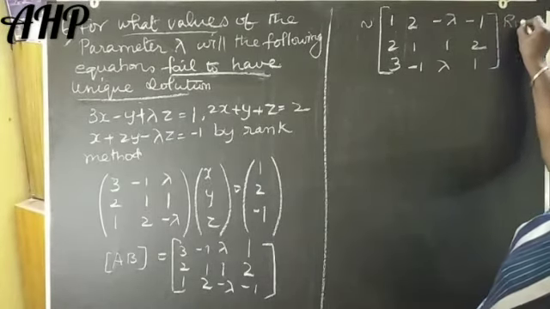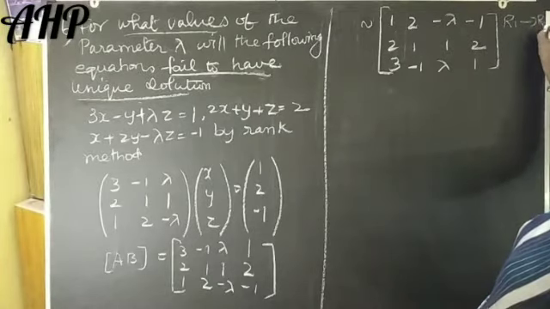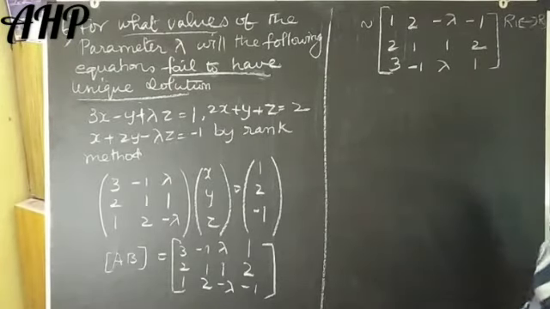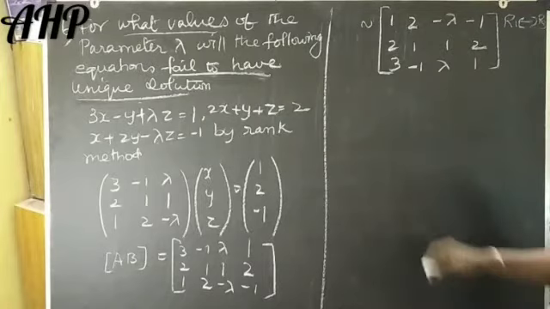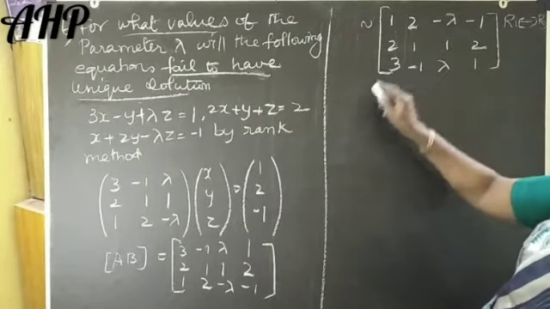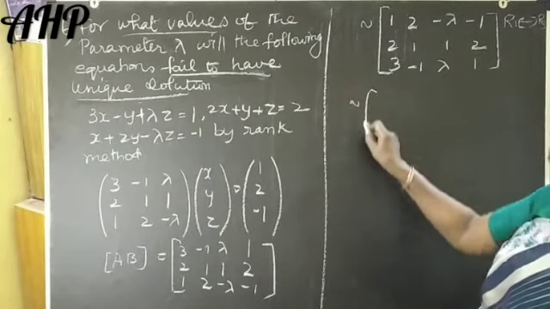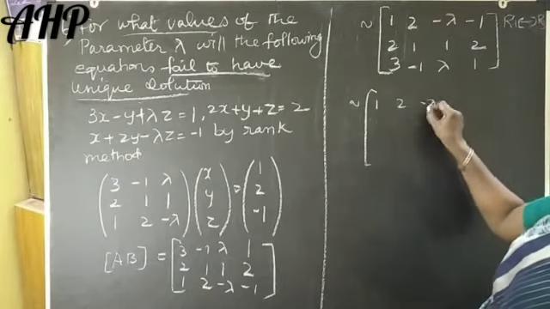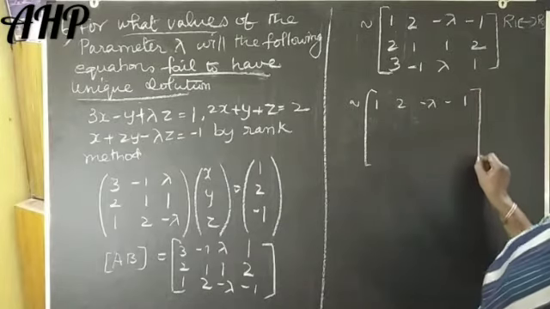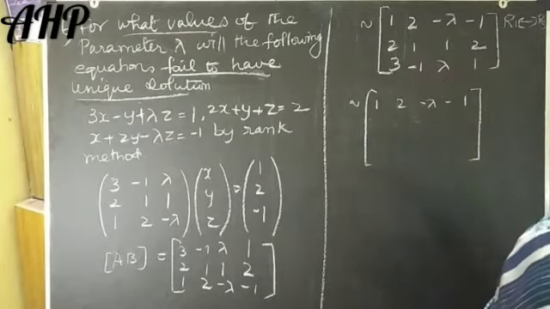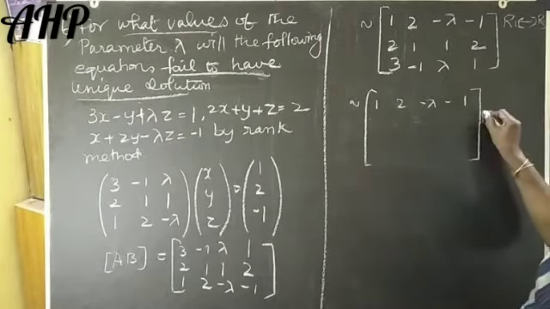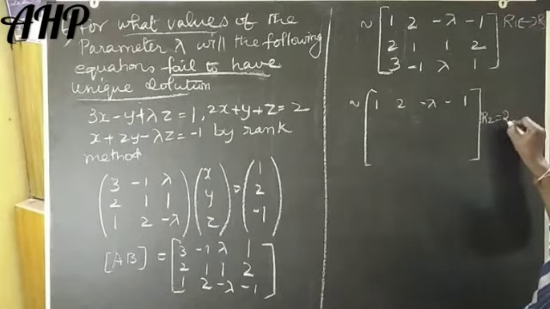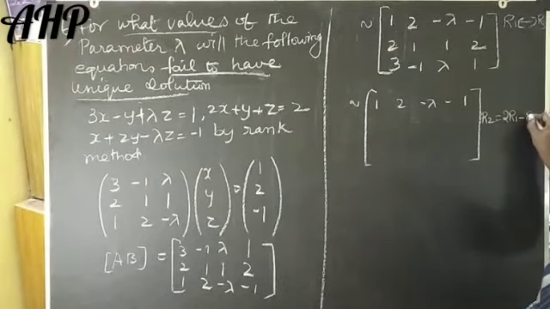Here R1 is going to R3 and R3 is R1. Next our aim is to make this place a 0. So this is equivalent to [1, 2, minus lambda, minus 1]. Now to make the first element 0, we can write here R2 as 2R1 minus R2.